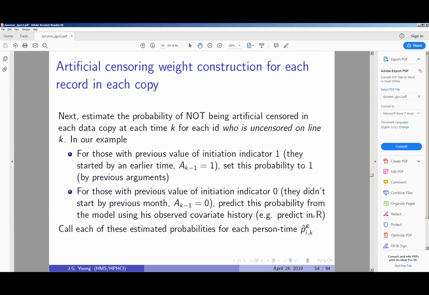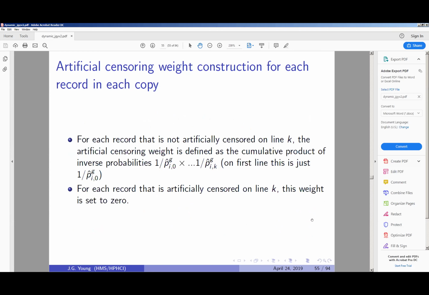For example, you could just use the predict function in R. And I'm going to call each of these estimated probabilities, no matter how I got them, whether from the model or from a priori knowledge, p hat I k g. So the hat means it's an estimate, the I means it's for a specific individual, k is for a particular month, and g means it's for the g specific copy.